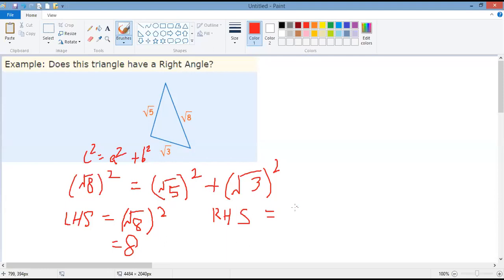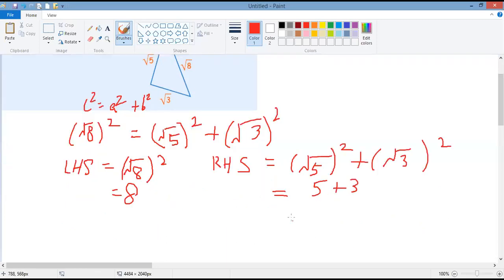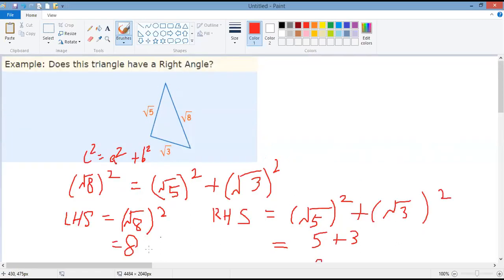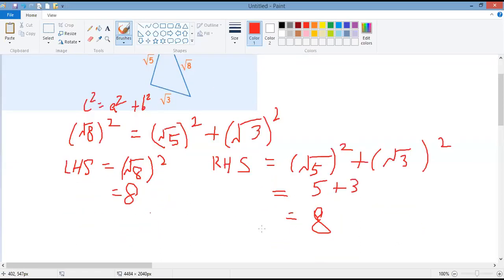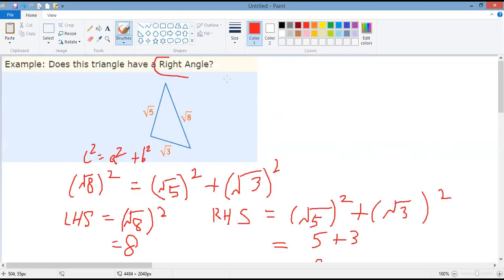So you have square root 5 square plus square root 3 square. Remove the square and square root, then you get 5 plus 3 equals 8. So since the left hand side and right hand side are the same, this is a right angle triangle, yes, okay?